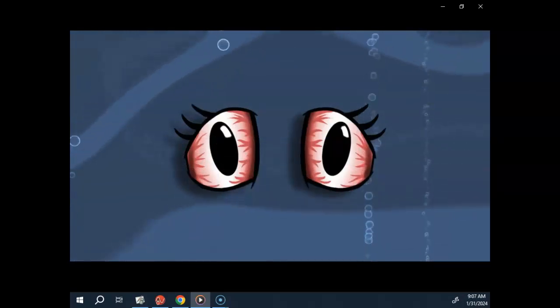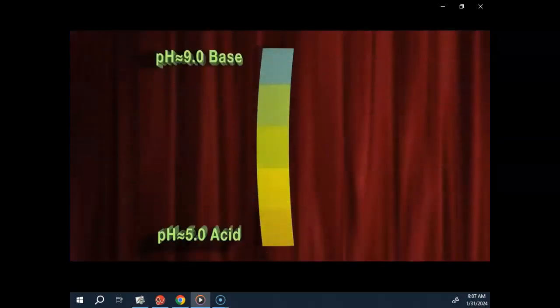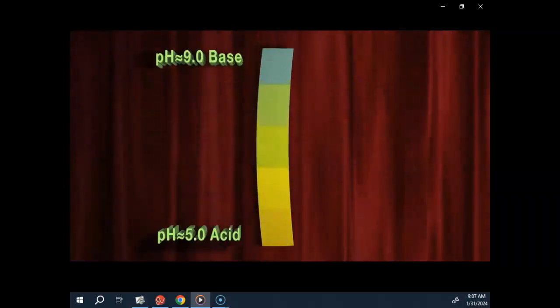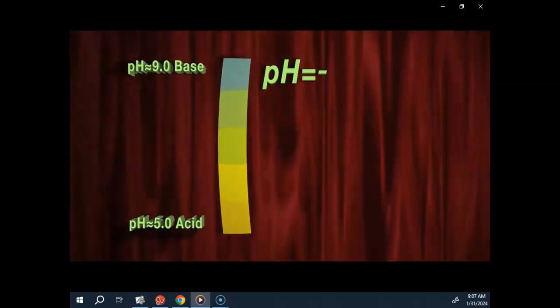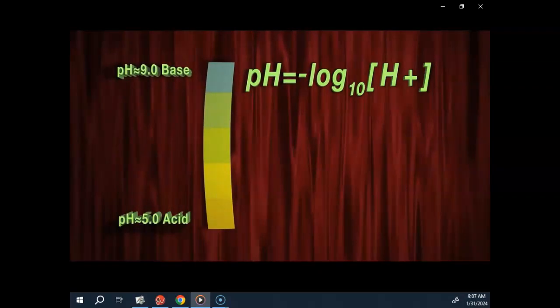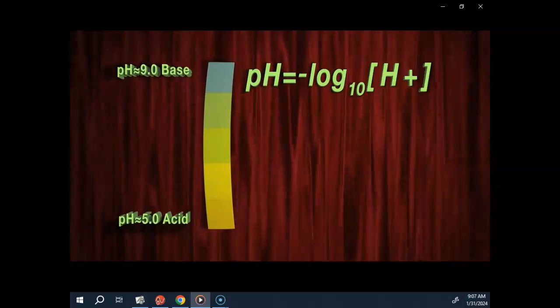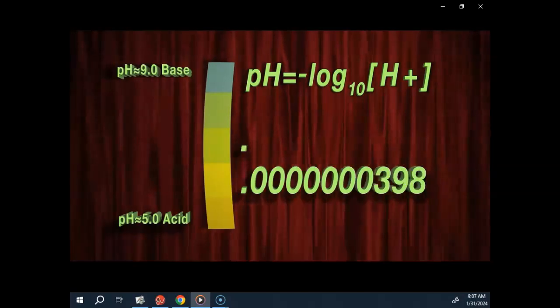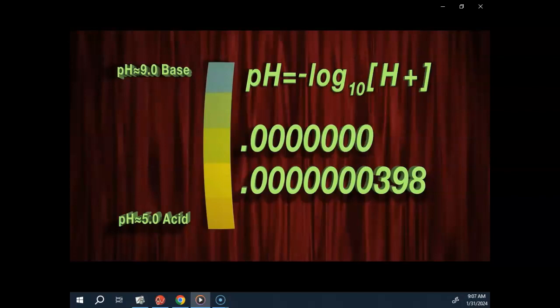Well, it leads us into an interesting use of logarithms in chemistry, finding the pH of water samples. pH tells us how acidic or basic a sample is and can be calculated with the formula pH equals negative log base 10 of the hydrogen ion concentration, or H+. We can find the pH of water samples with hydrogen ion concentration of 0.00000000398 and 0.00000000398.